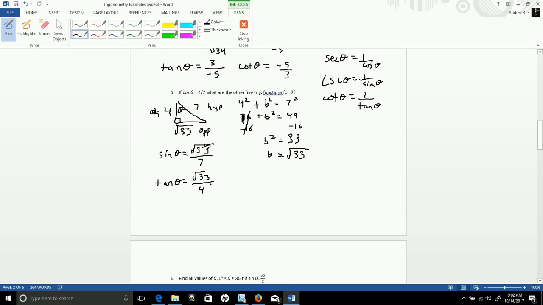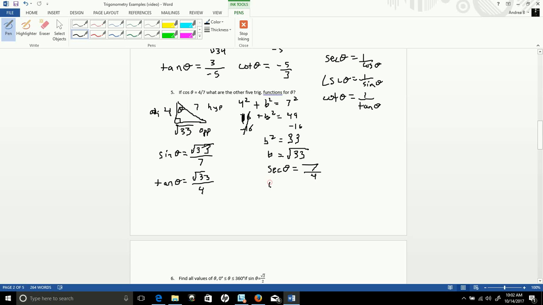So that would be, in terms of your tangent there, opposite over adjacent for tangent. And then we already had our cosine. So remember, secant is the reciprocal of your cosine value. So secant then would be 7 over 4, since that's the reciprocal of cosine.